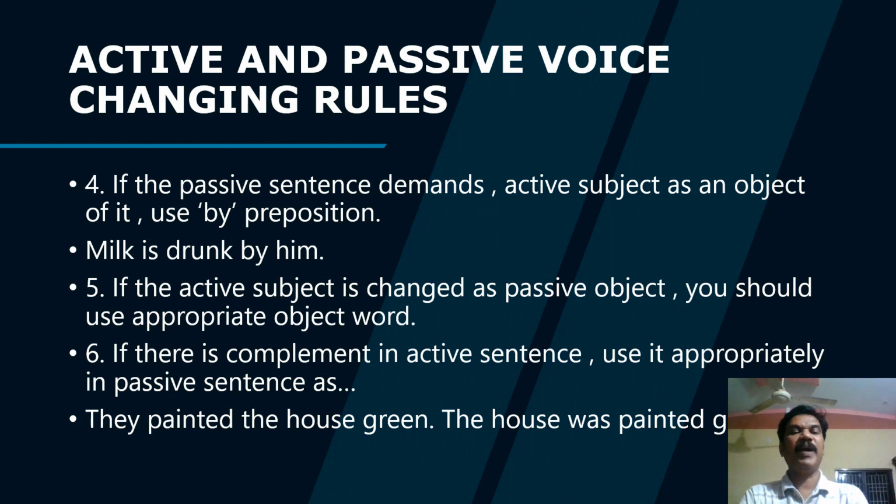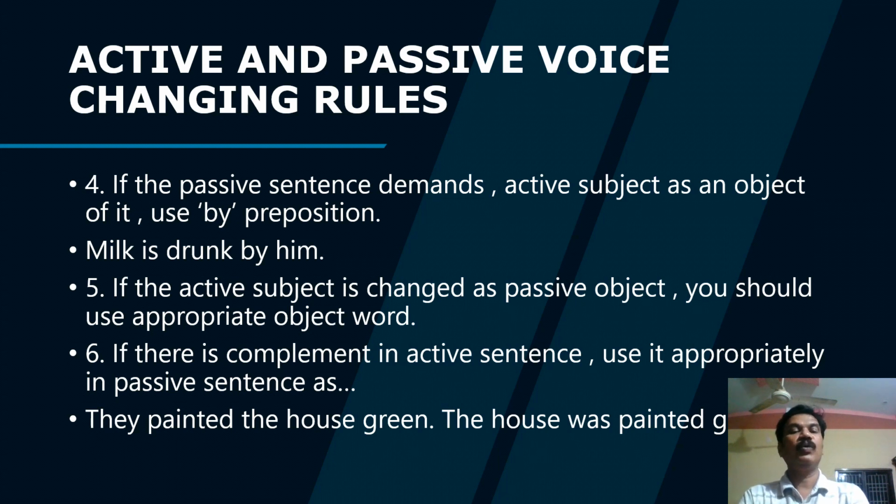There is a demand in the passive voice. You should tell clearly who drank the milk. Therefore, milk is drunk by him. It's very important. If you think it is not an important object, you don't need to use rule number 4.